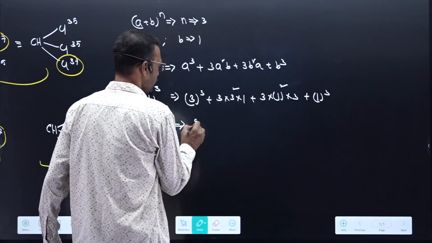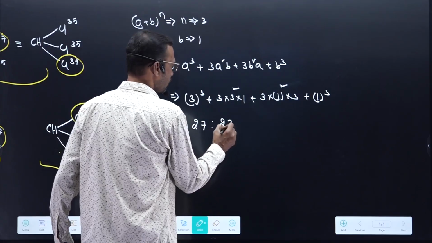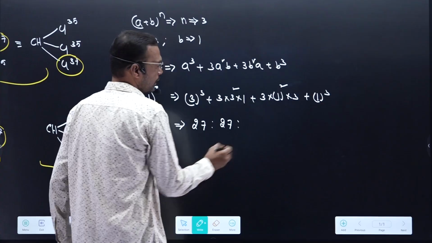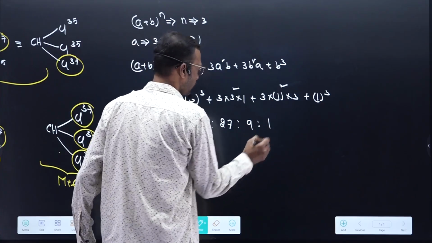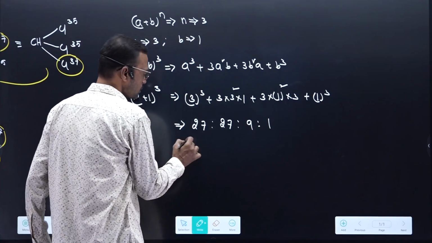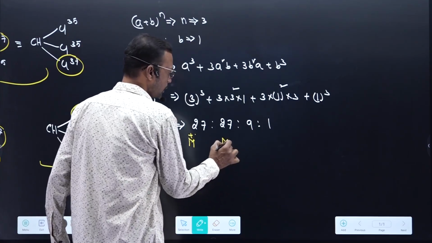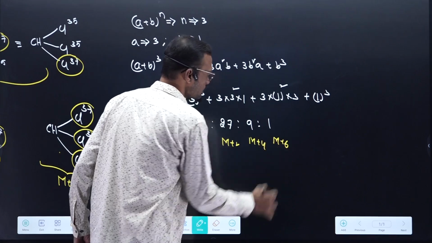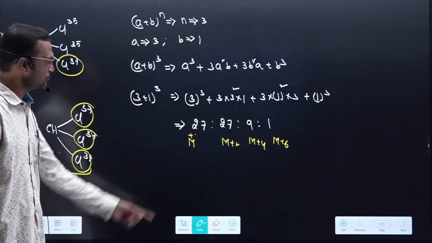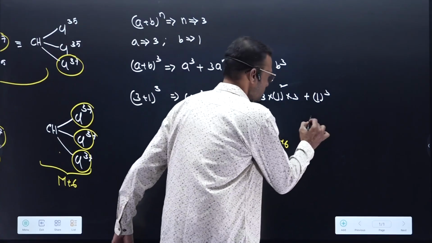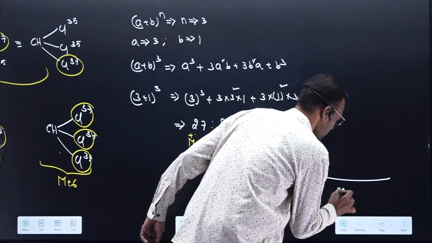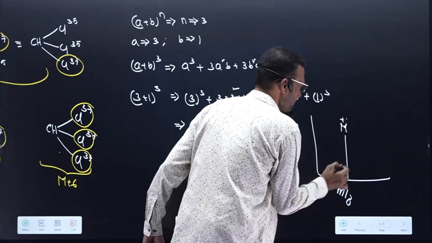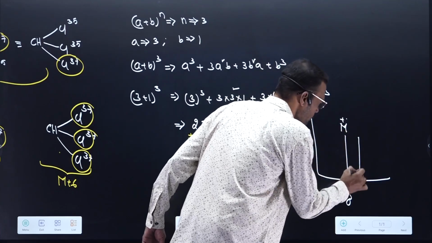So this is 27, 9 into 3 is 27, and here 3 into 3 is 9, then followed by 1. So this is M plus molecular ion, here M plus 2, this is M plus 4 and here M plus 6. So this is assumed as 100%. The molecular ion peak is assumed as 100%. 27 is 100%. Now this is the molecular ion whose abundance is 27, and here also it is 27 only, M plus 2.